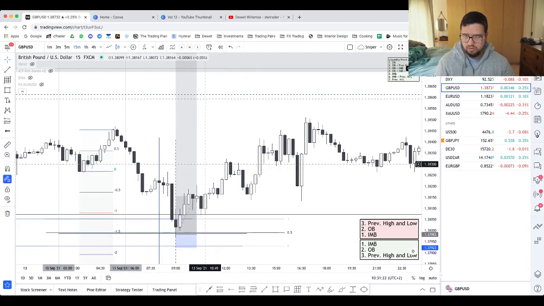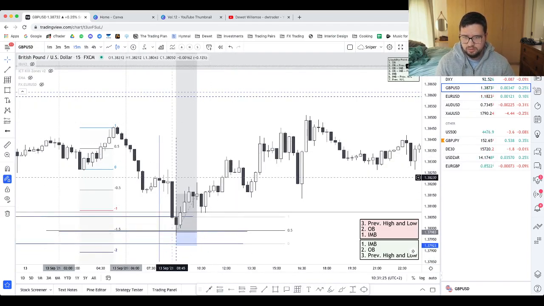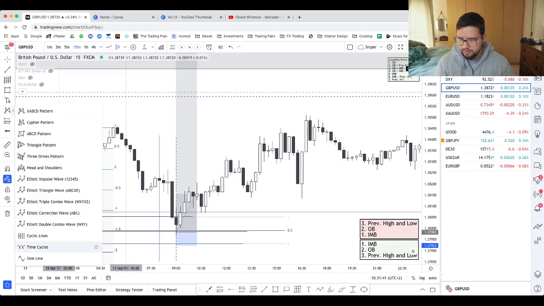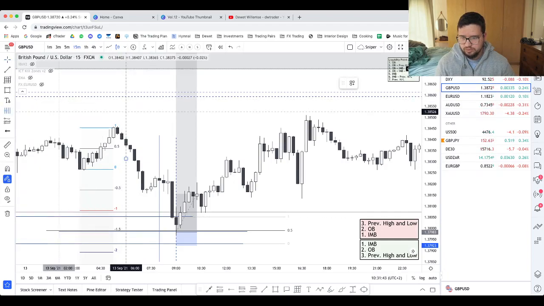Where's the day now? 50 minutes. So that was, I'm just going to put in the cyclic line so we can easily, otherwise I'm now getting confused.